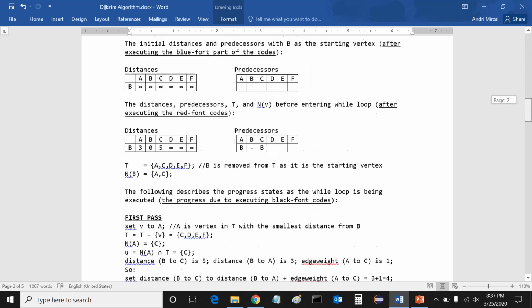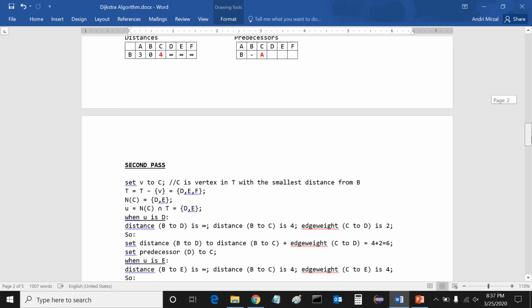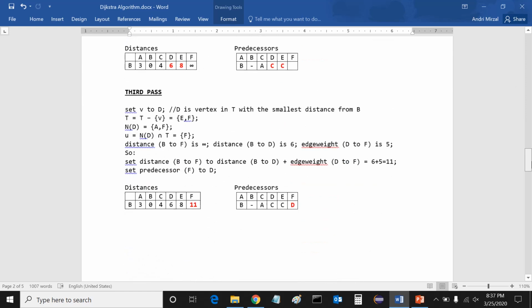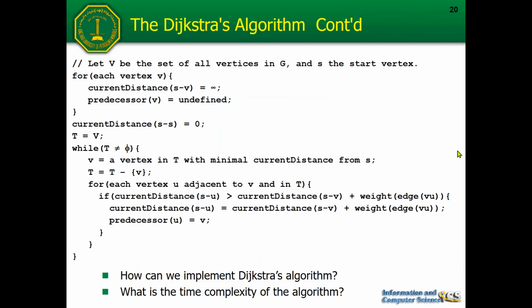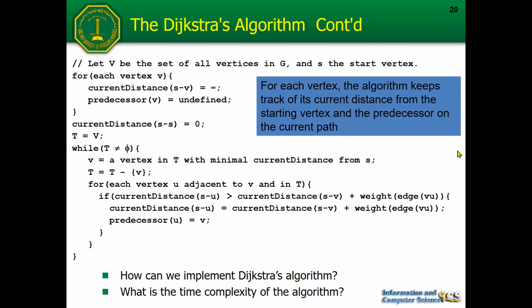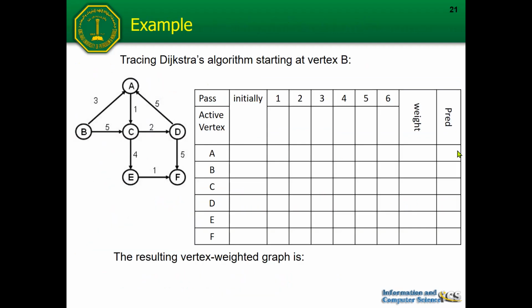Okay, you can read if you are interested in the detail of the algorithm analysis, but for today we will only try to understand the Dijkstra algorithm, to trace the Dijkstra algorithm by filling the table.